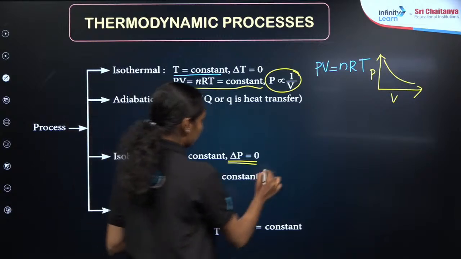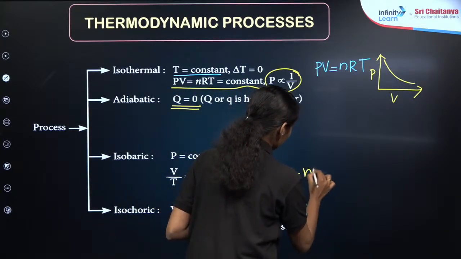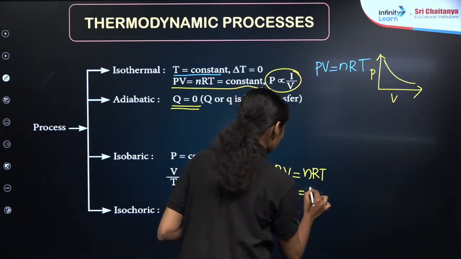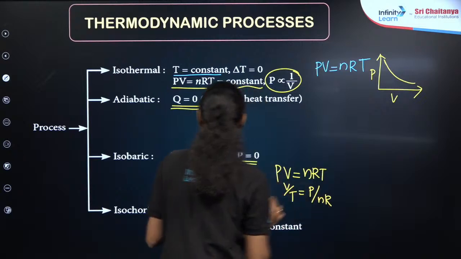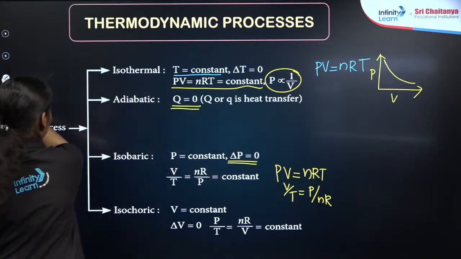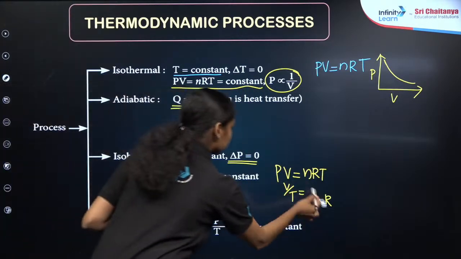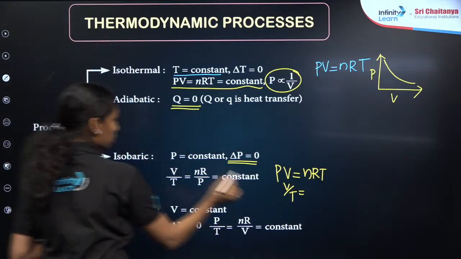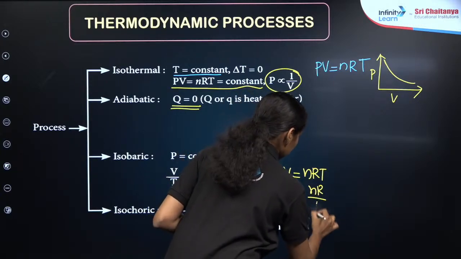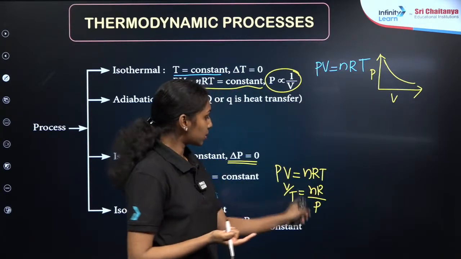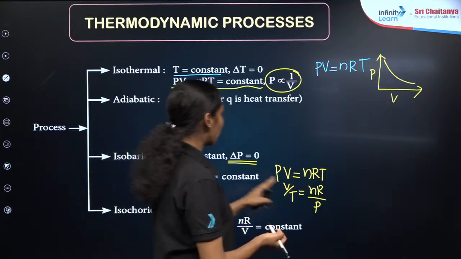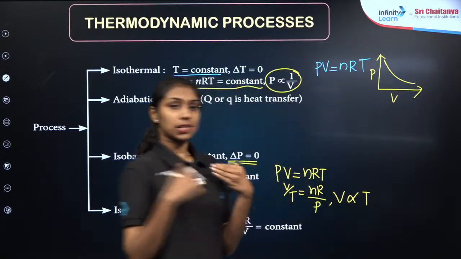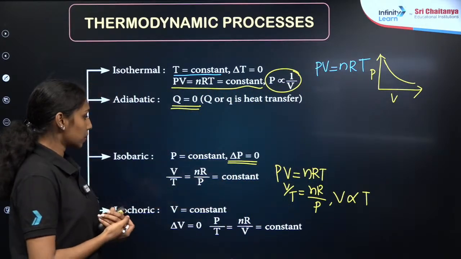Applying the ideal gas equation, PV is equal to nRT, then V by T is equal to nR by P. Again n is a constant, R is a constant, and P is also constant for an isobaric process. So V by T is equal to a constant, or we can say V is proportional to T. As the volume increases, temperature also increases for an isobaric process.